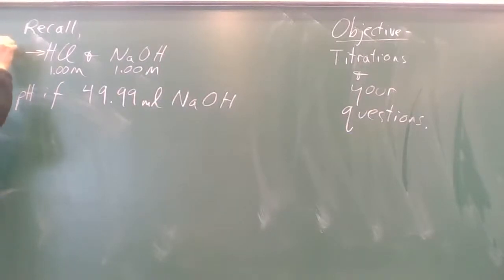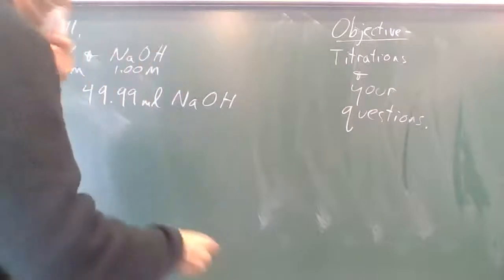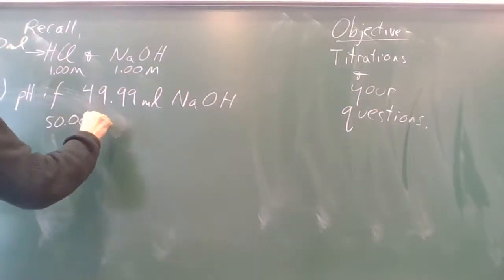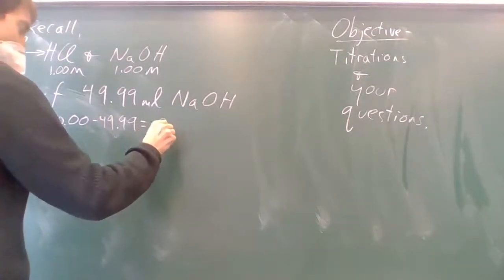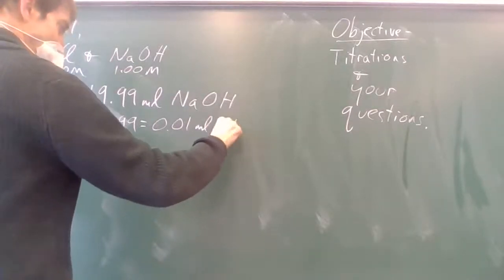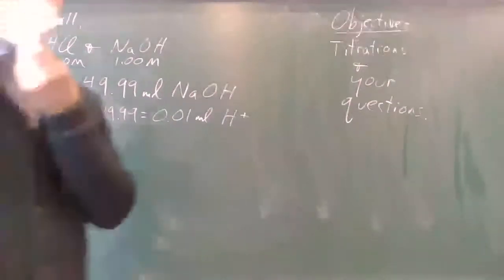Right as the bell rang, if I remember, we said 50 minus 49.99 equals 0.01 milliliters of essentially H plus. So let me pause and let you guys catch up and find your spot, and hopefully that's where we ended off.